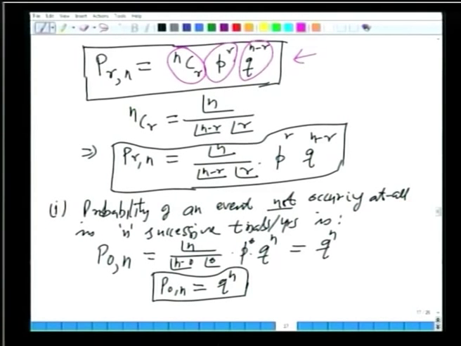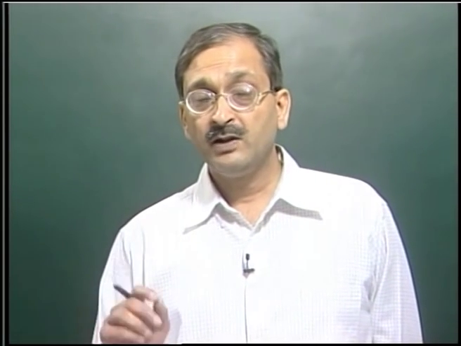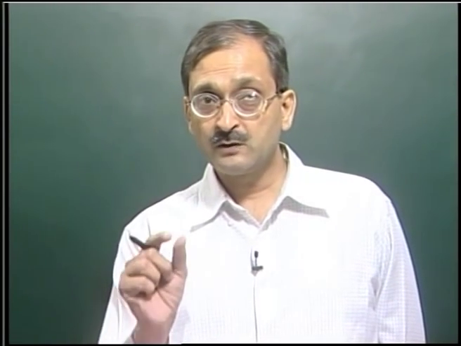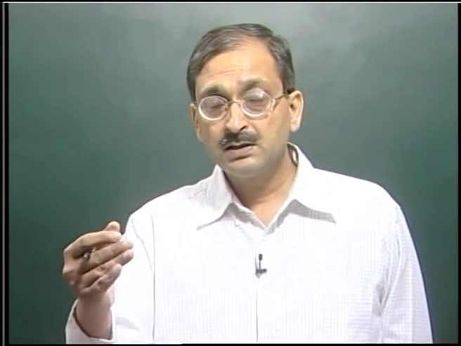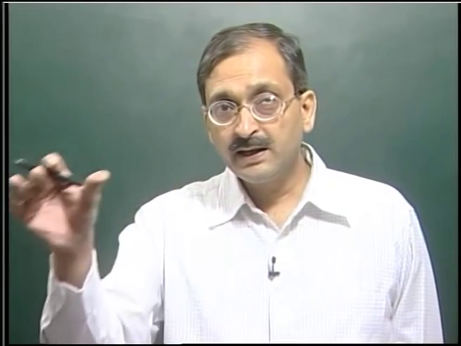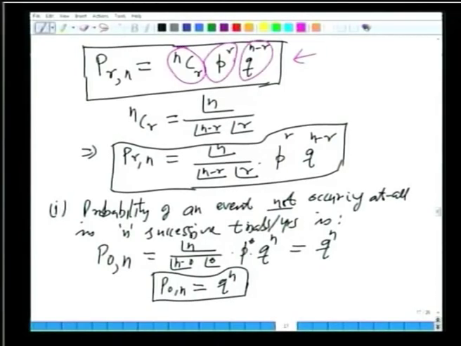Why do we have this? If you think about it, this combination can occur in many different ways, all right. We are saying exactly 5 times, but those 5 times can be the first 5, the last 5, somewhere in between, or there can be many such combinations. How many such combinations would there be? Well, nCr.